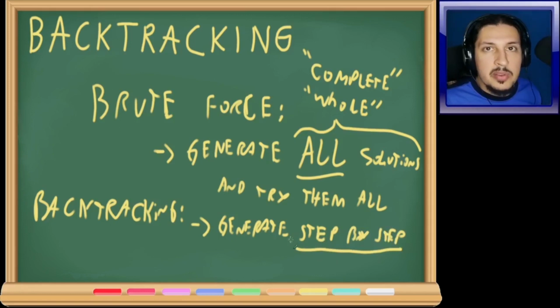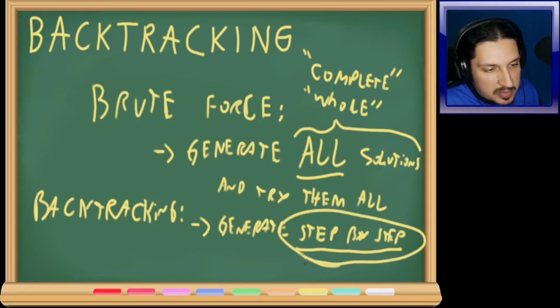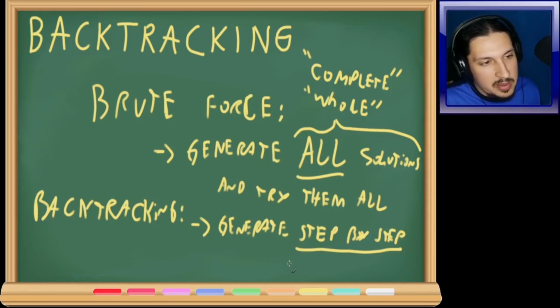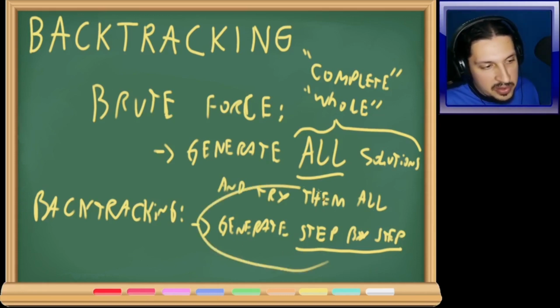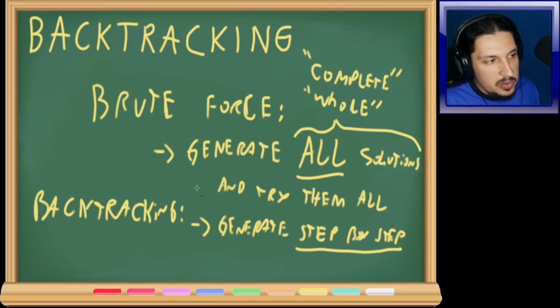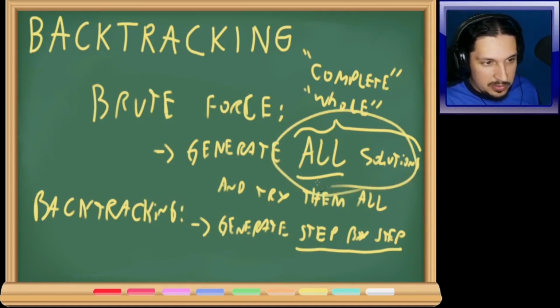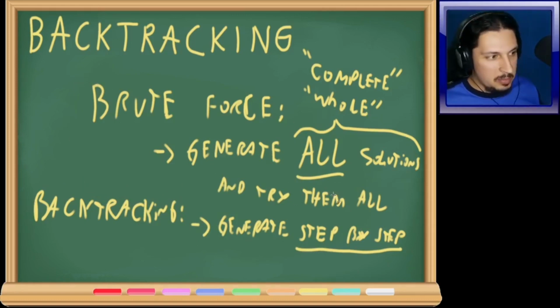In backtracking, you generate the solution step by step, so it's automatically more complex, because you are, after all, generating the solutions. So you can think of backtracking as an advanced way of brute force. Instead of generating all solutions, and I don't care how, in backtracking we care that we make it step by step, and it is important.